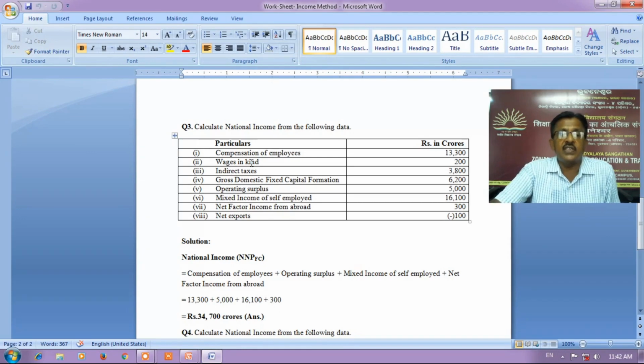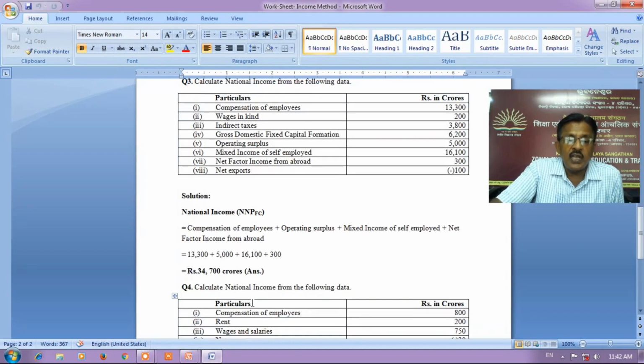Items like wages in kind are already included in compensation of employees, so it is given separately to confuse you. Net exports is not an income related item, and gross domestic fixed capital formation is also not needed here because that is related to the expenditure method. So I think you are clear.